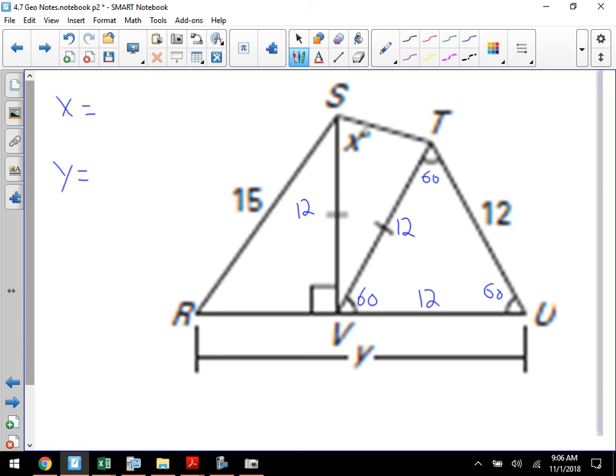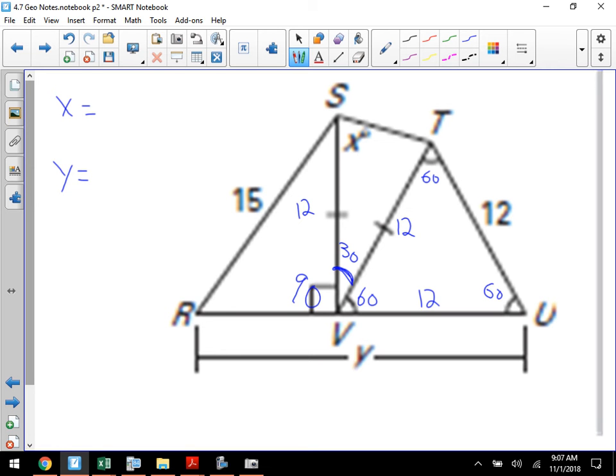Okay. What does this angle measure? 90. Good. So there's 90, which means what's that little wedge there? 30. Very good. This is a vertex angle. Why is that a vertex angle? Because it's isosceles, very good.